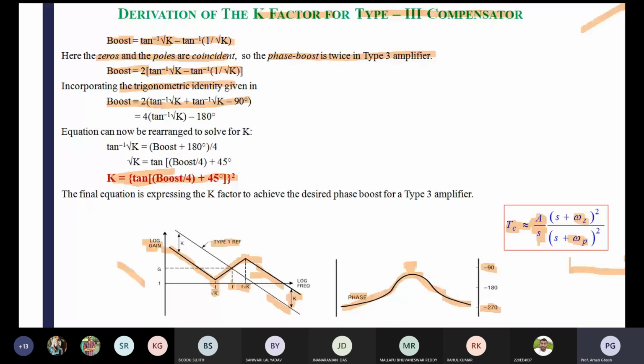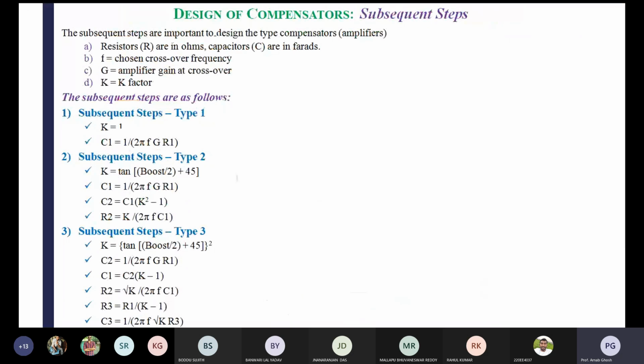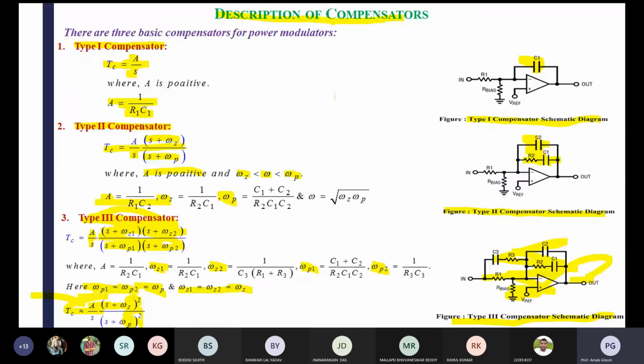Now we have used that method for designing the type 3 compensator for the boost converter. From the structure, the equations are there. In the amplifier diagram you can see a lot of RC values, and you have to calculate those values.